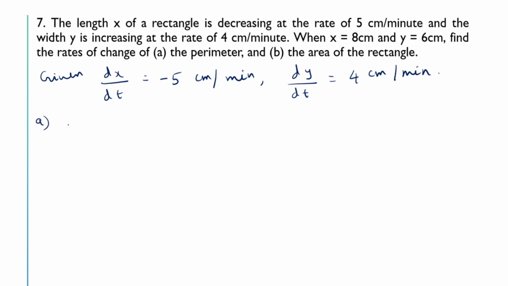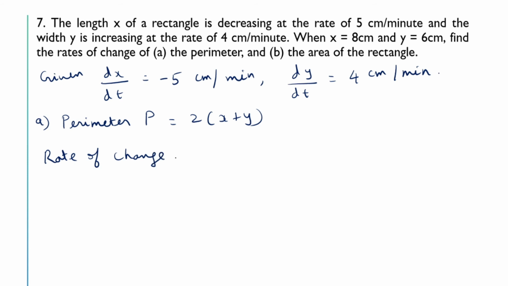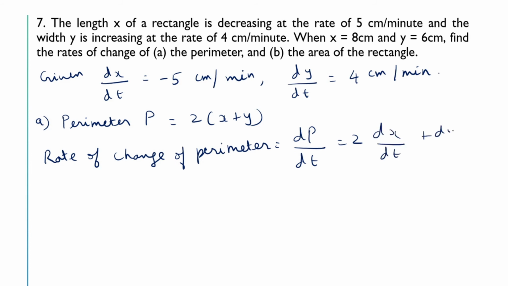So the first subdivision, perimeter of a rectangle is nothing but 2 into x plus y. Rate of change of perimeter is dP by dt is equal to 2 into dx by dt plus dy by dt.